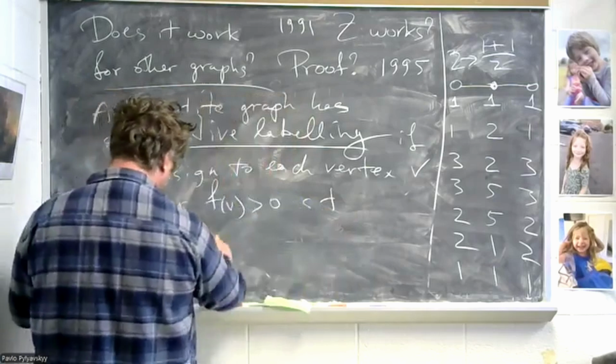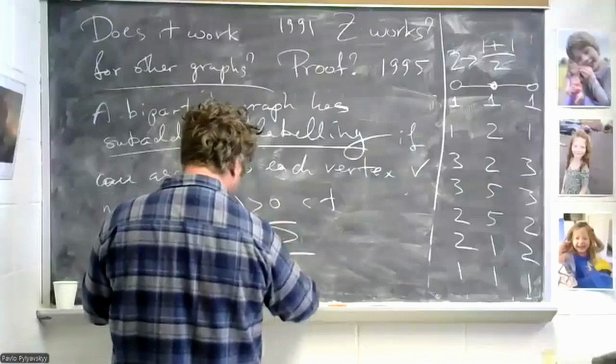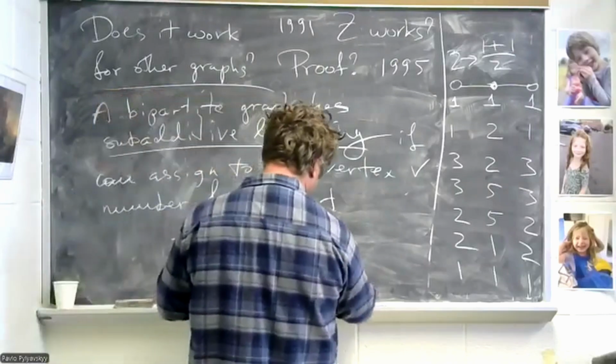Twice f of V is more than the sum over all neighbors of V, all U connected to V, f of U.